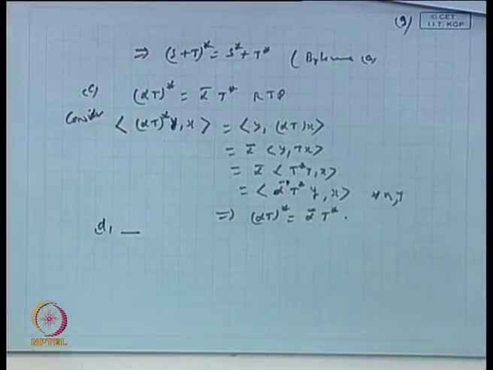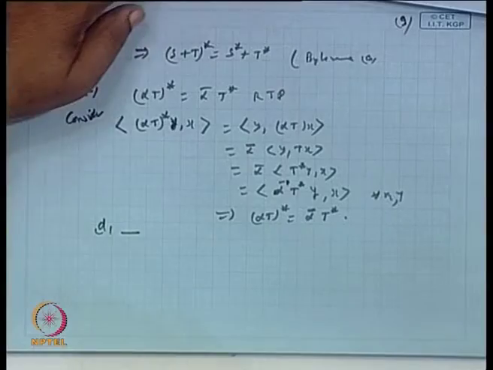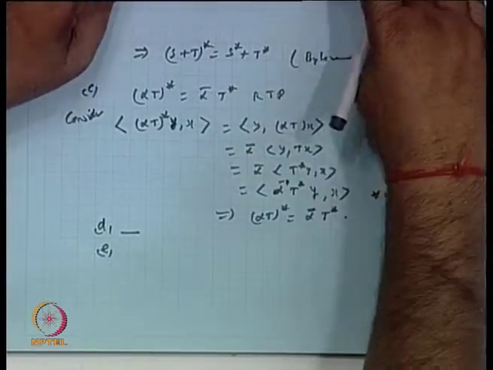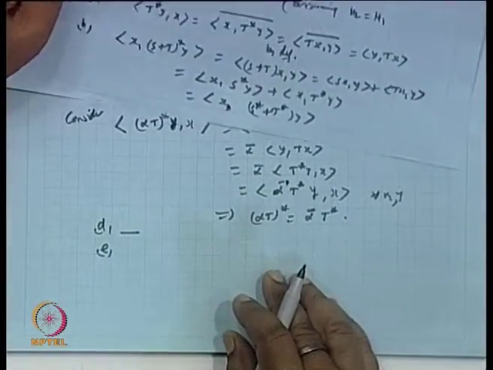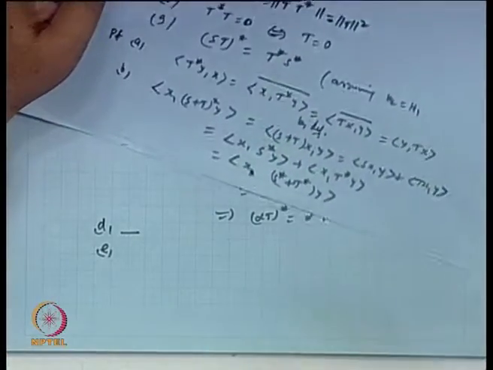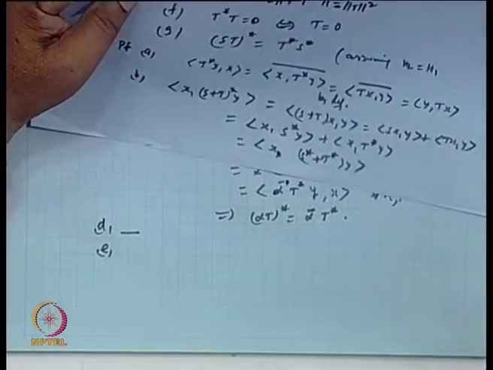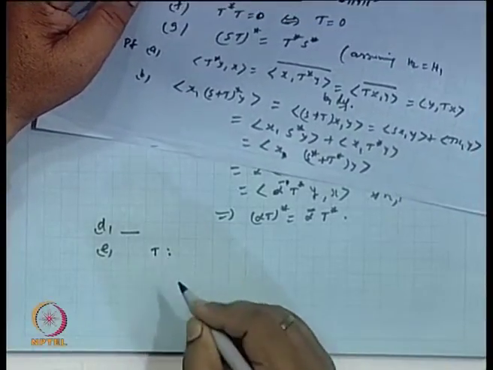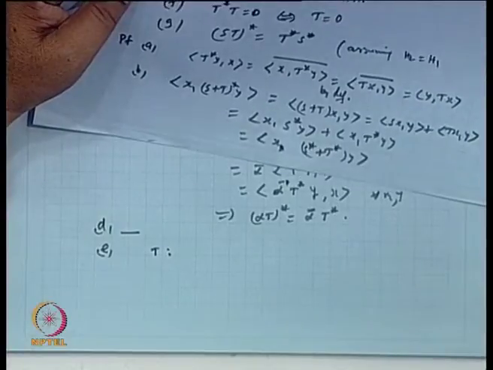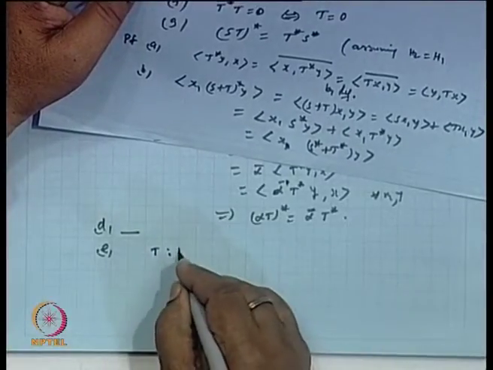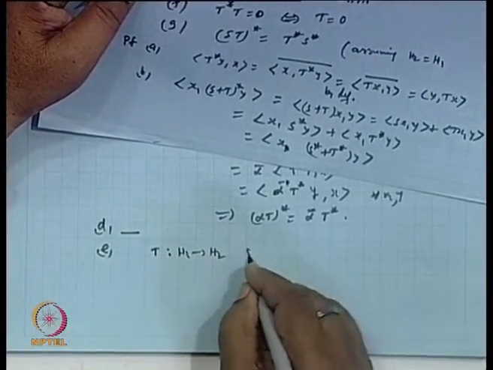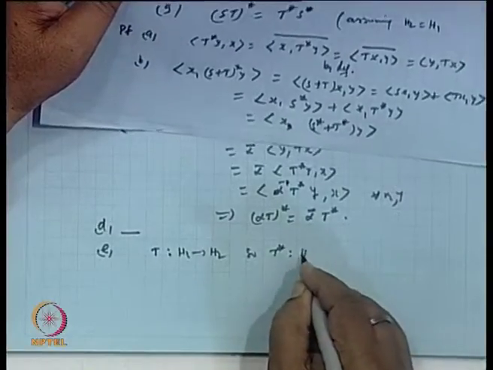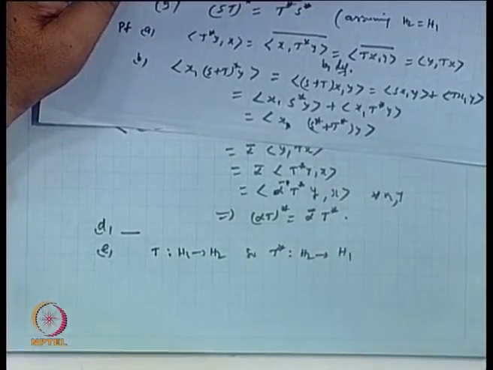Is it correct? Now, the fifth one, E. What is E? T star T equals T T star equals... So, first we have to define accordingly. What is T? T is a mapping from H1 to H2, is it not? So, T star will be an operator from H2 to H1.